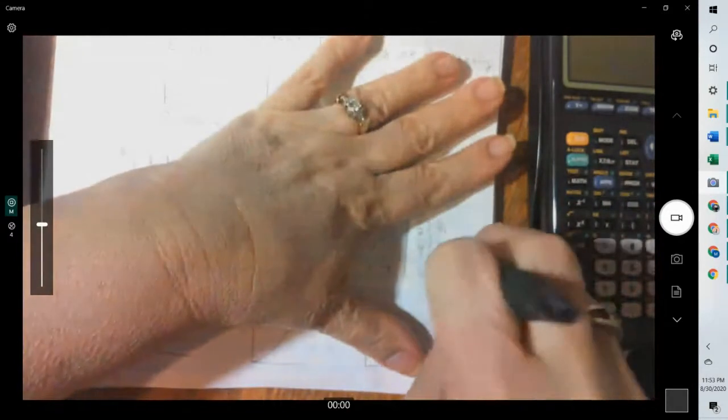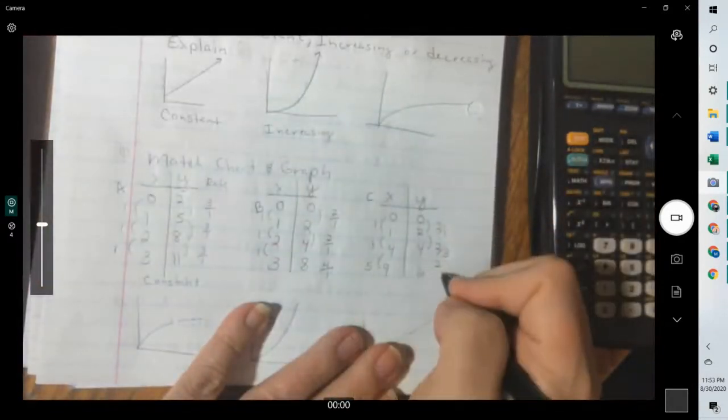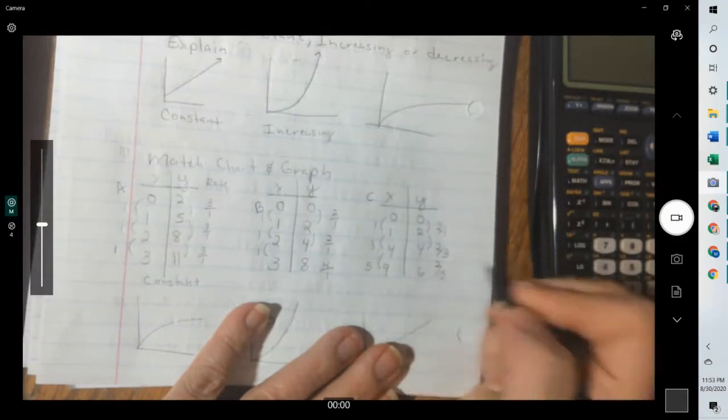But we're dividing by 1 here. Here we're dividing by 3. And this one we're dividing by 5. So this is definitely decreasing, which would be this one, C.